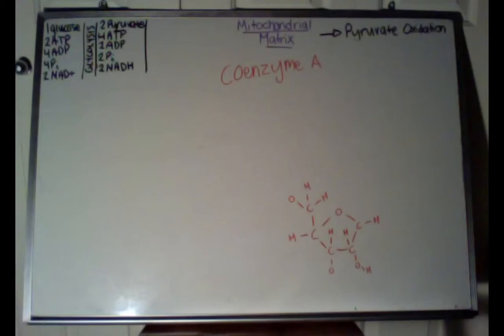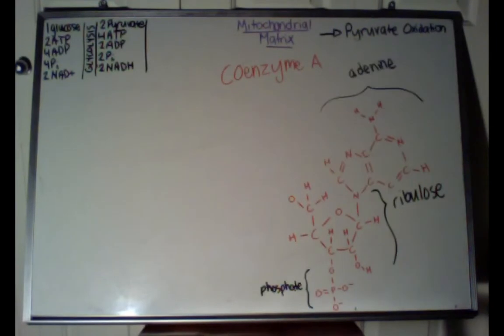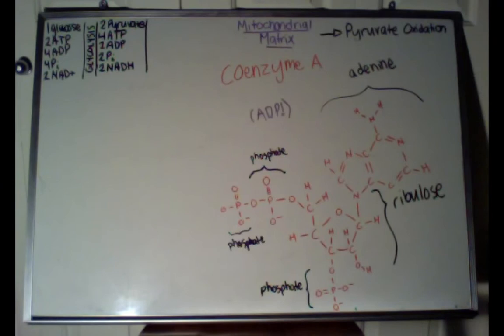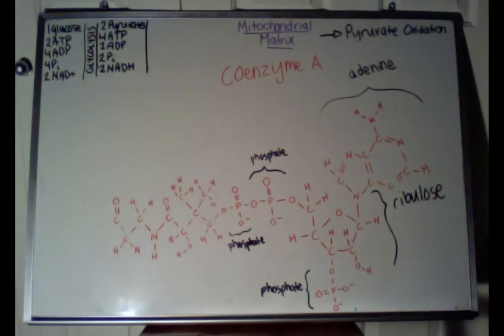which is very complicated, as you will soon see, but it is also very important. So we have our ribulose, phosphate, adenine, another phosphate, and look at that, we have our ADP with a phosphate attached to the bottom. It's a very interesting compound that occurs all throughout biology, which I'm pretty sure has to do with the polarity, but very cool nonetheless.